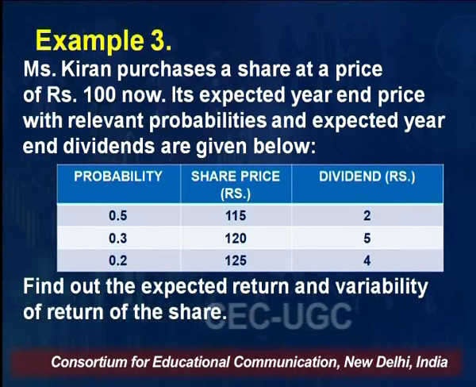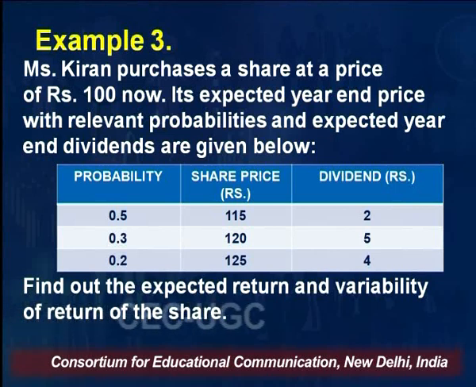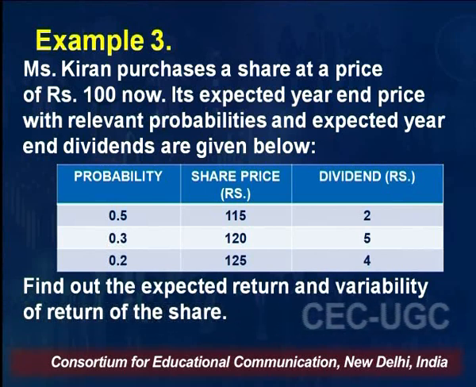There are 3 different probabilities. Share price at the end of the year: share price being 115, the probability of this is 0.5, that is 50%. Share price will be 120 rupees after a year, probability is 30%. Share price will be 125 rupees after a year, probability is 20%.